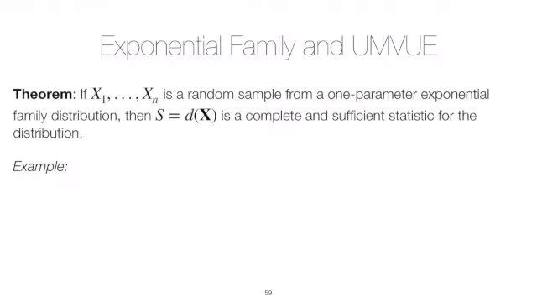Basically what this theorem claims is that if you have a sample from a one-parameter exponential family, then d of x is a complete and sufficient statistic, and based on that, you'll easily be able to find the uniformly minimum variance unbiased estimator, because if you have a sufficient and complete statistic, you can find the function of d of x that's unbiased, and you have the best unbiased estimator, meaning uniformly minimum variance.